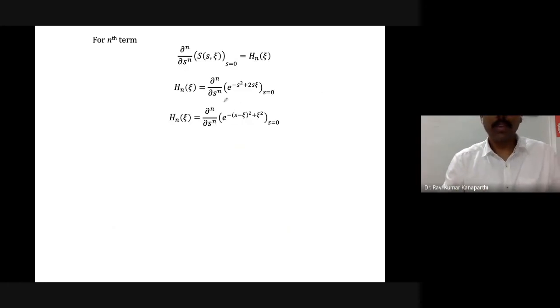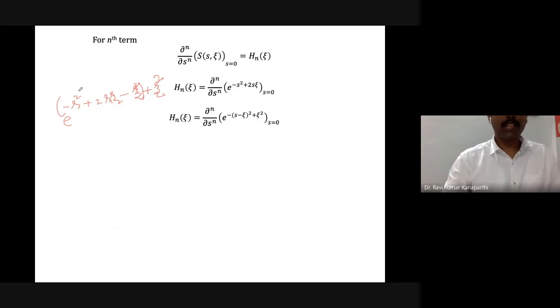Then what I will have is minus s square plus 2sz, plus minus z square plus z square. This is what I do. This is in the power of the exponential. So I can write the first three terms and simplify. This is nothing but minus of s minus z whole square, plus z square.